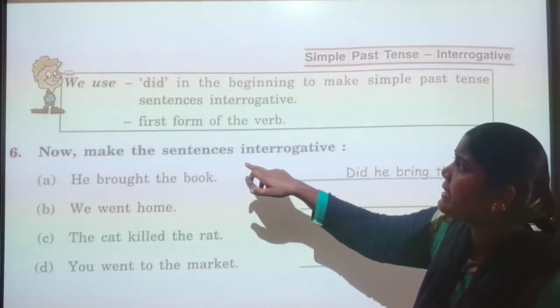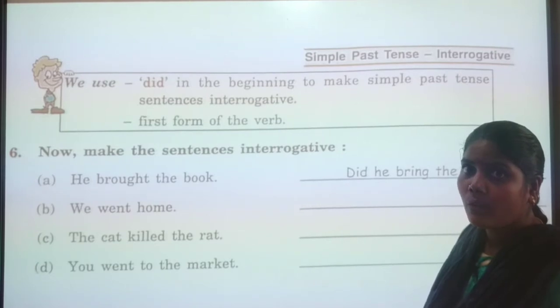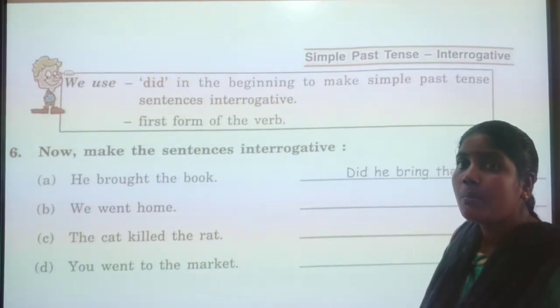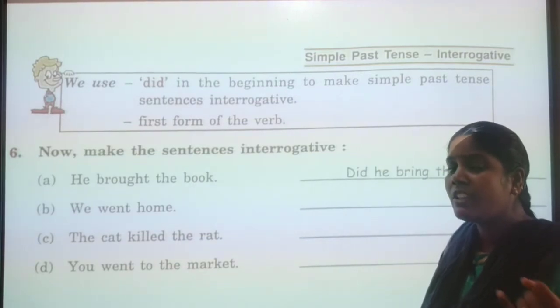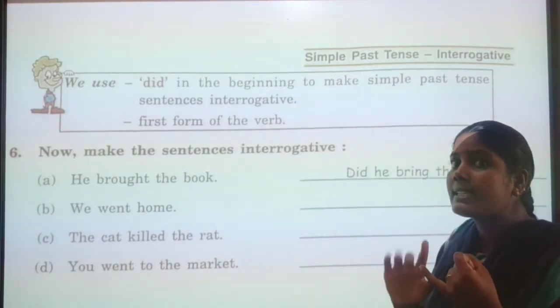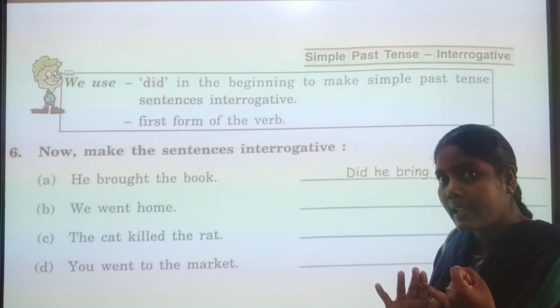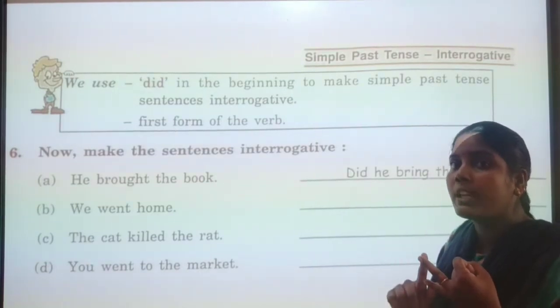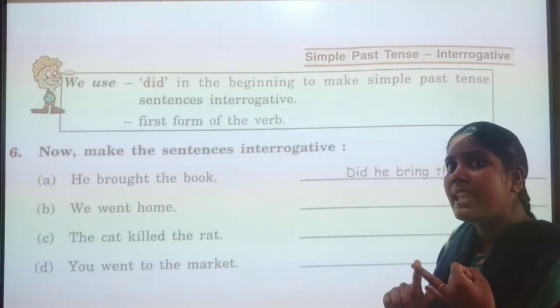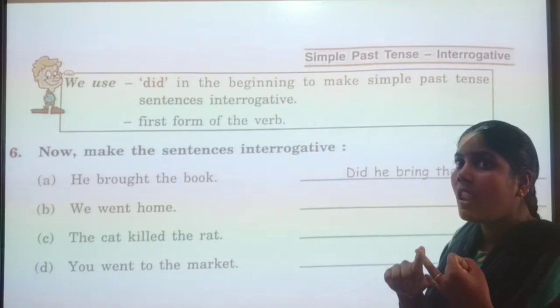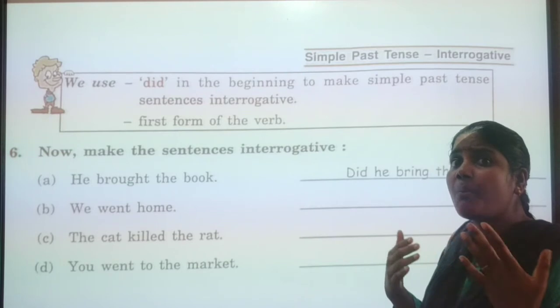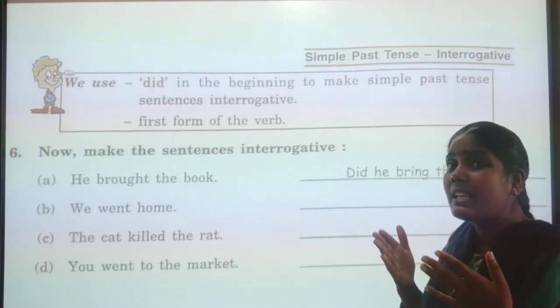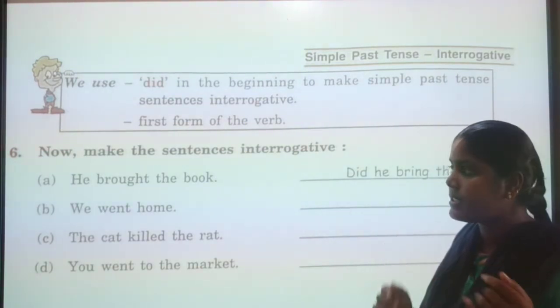Now, make the sentence interrogative. In the previous lesson, we learned how to make a simple past sentence and how to write a simple past negative sentence. Now, we are going to learn how we ask a question in the past, that is the interrogative sentence.